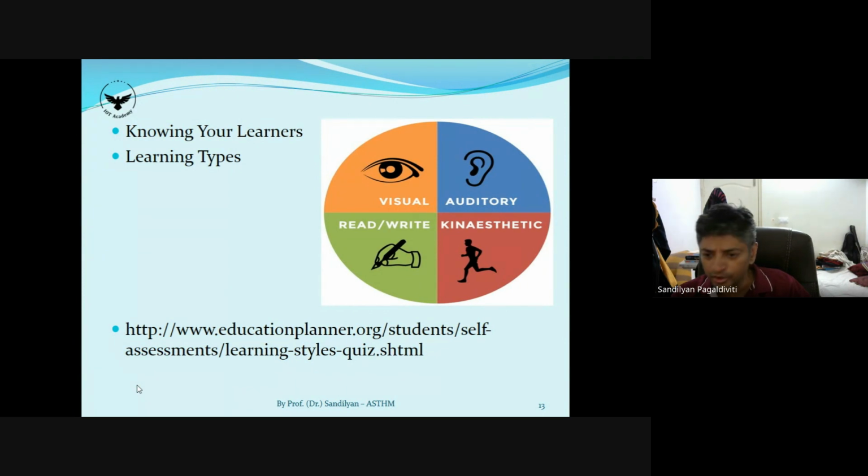So you all can try this out. I am giving you a couple of seconds, if you want, to take a picture of this slide or note down this link. You can also use this to ask your students to find out their learning styles. Are we good?